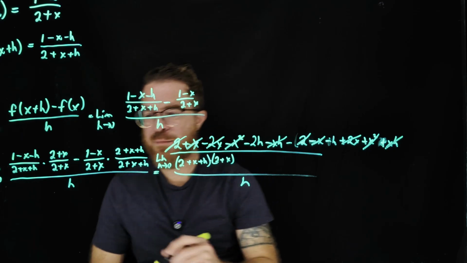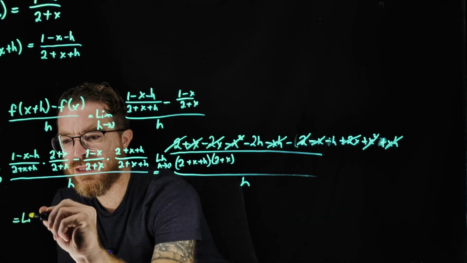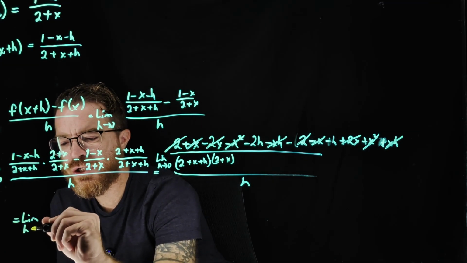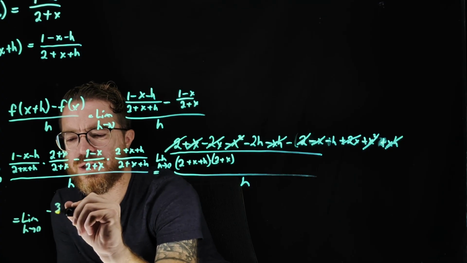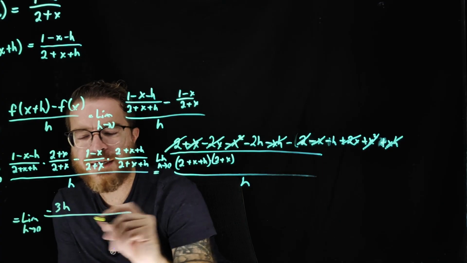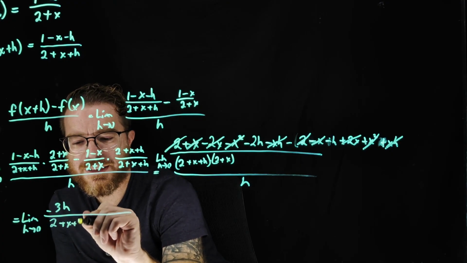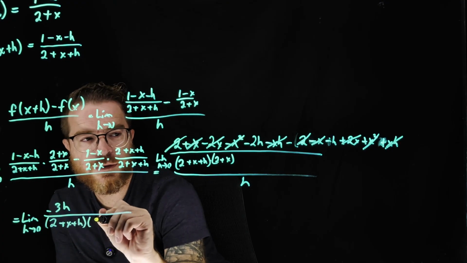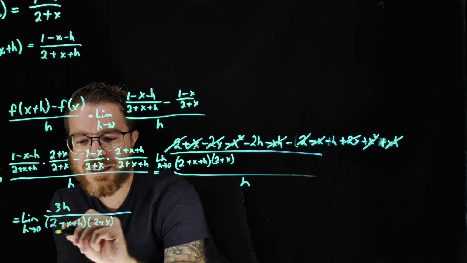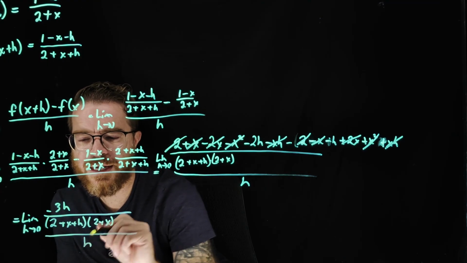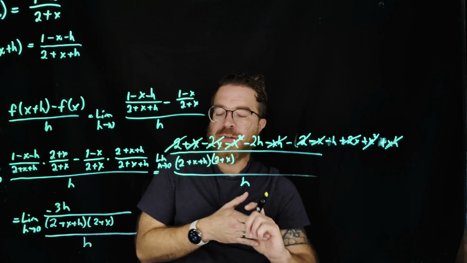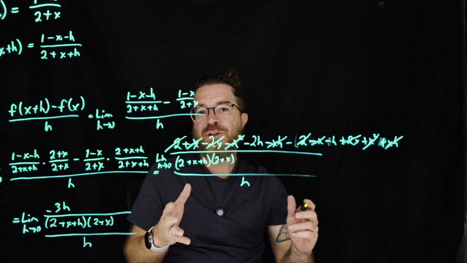So this is going to end up giving me the limit as h goes to 0 of minus 3h divided by 2 plus x plus h times 2 plus x, and then this entire thing divided by h. So as always, what I'm going to do now is fractional division, right?